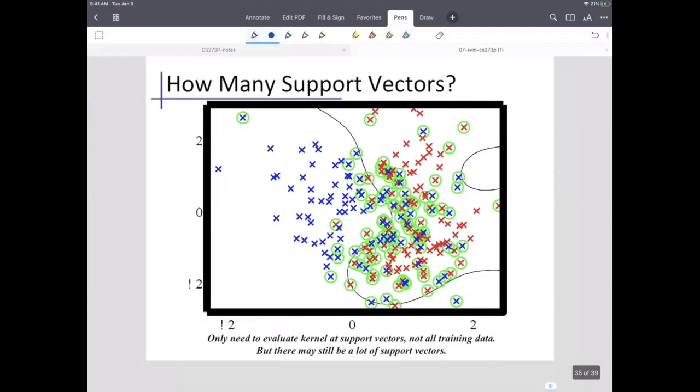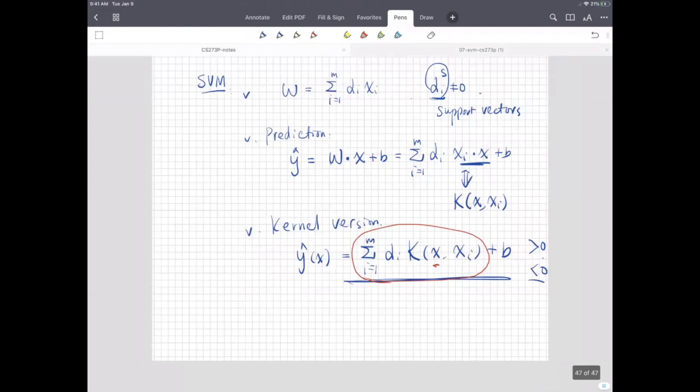In many real situations, you might get many support vectors, even though in this framework only a subset of the alpha are strictly positive. Only those positive values are involved in the calculation of the decision boundary.